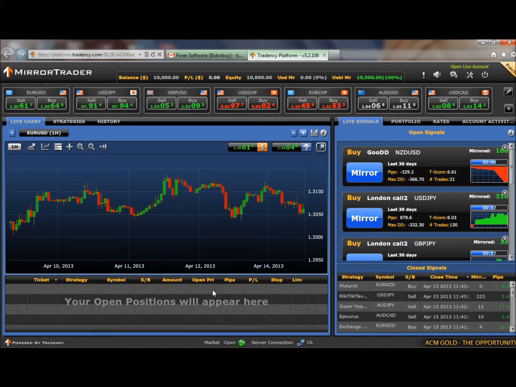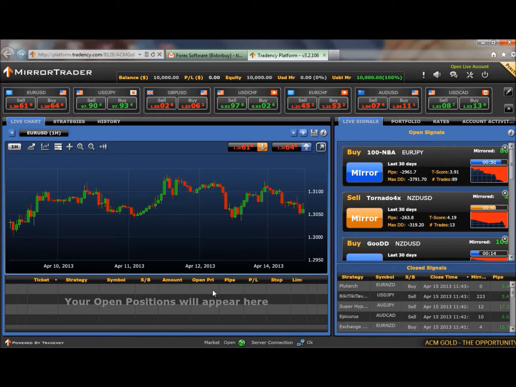The second option we have is semi-automated trading. That's where you copy another trader, but you just copy single trades. So you don't do everything he does. You just copy one or two trades you decide. And then the third option is fully automated trading, which is what we're going to spend a lot of time on. And that is where you copy a trader and you copy everything he does. So when he opens a trade, it'll copy into your account and you'll open the trade.